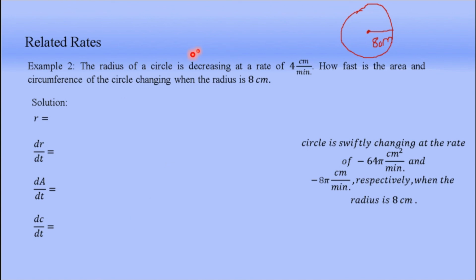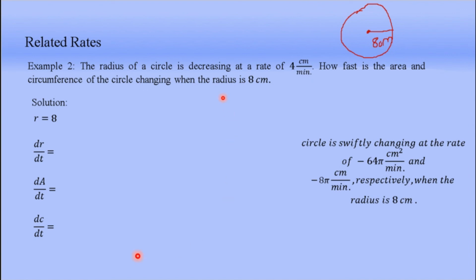Again, the radius of the circle is decreasing at the rate of 4. So decreasing, which means it is negative 4. I'm sorry, no, the radius is 8. So again, how fast is the area and the circumference of a circle changing when the radius is 8.